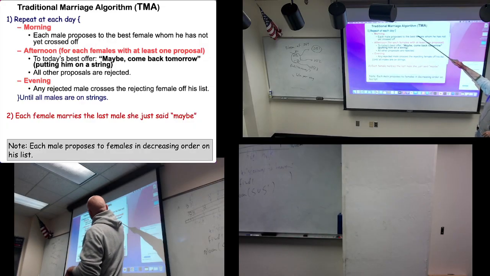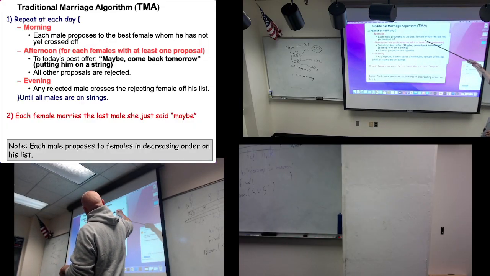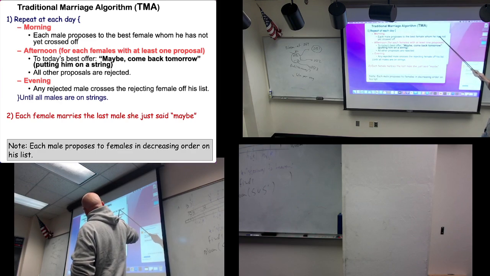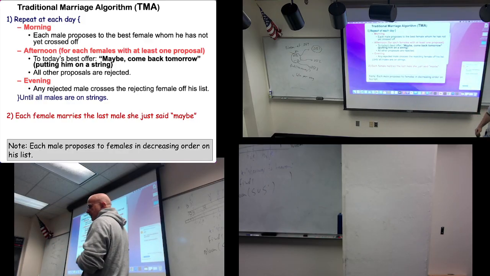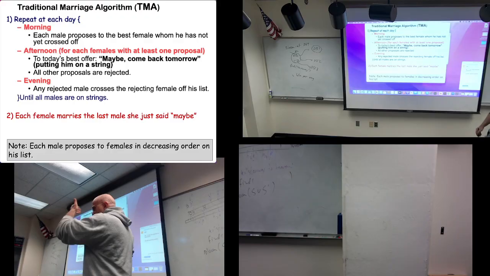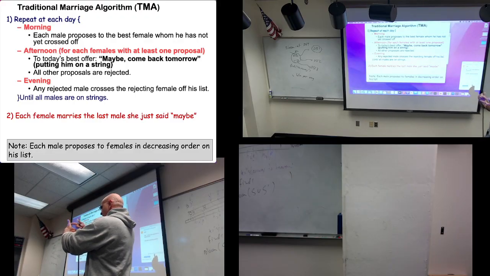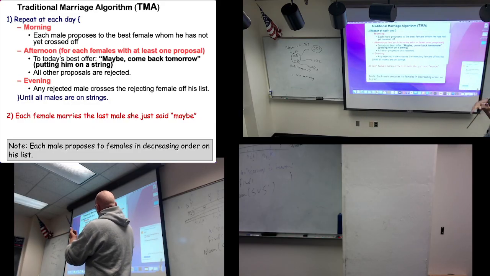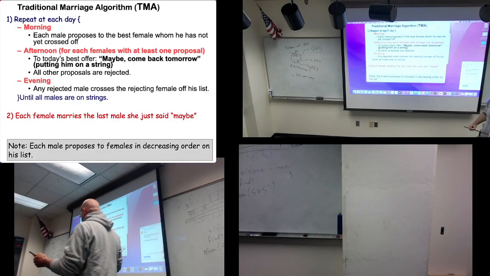In the morning, each male makes a proposal to the best female on his list which did not reject him yet. Every male looks at his list and sees: my first choice rejected me, my second choice rejected me, my third choice I still don't know, so I'll go and make a proposal to her.